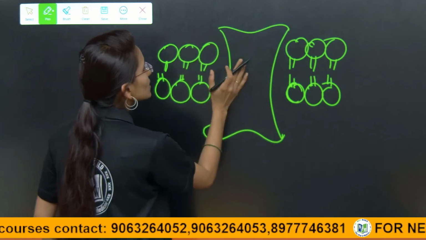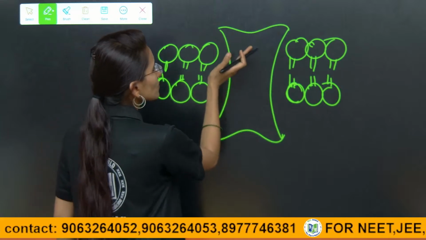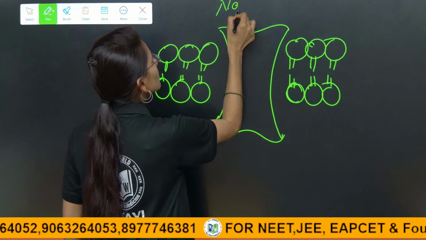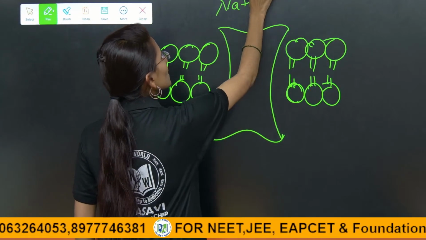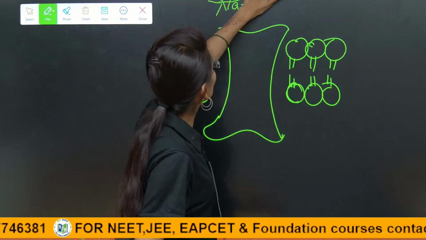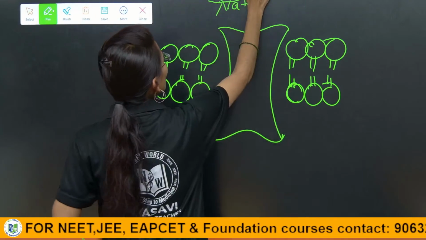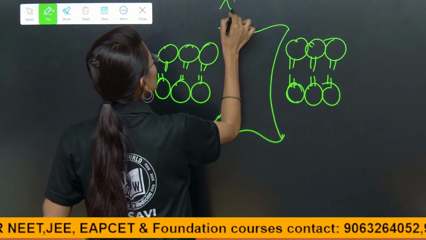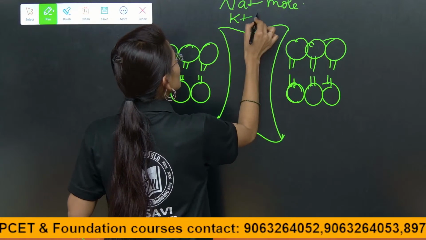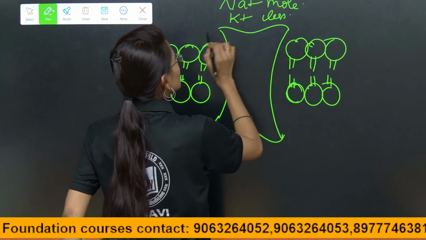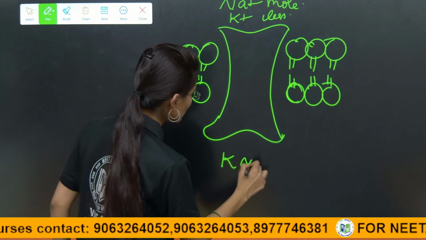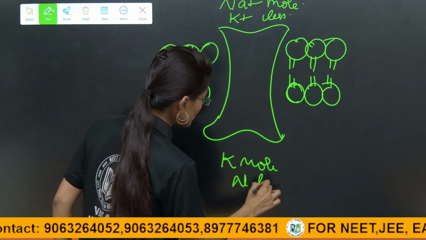Outside the cell, outside the plasma membrane, sodium ions are more. Many sodium ions are present. The concentration of sodium ions is more in the outer cell environment. Here sodium is more and potassium is less, and here potassium is more and sodium is less.